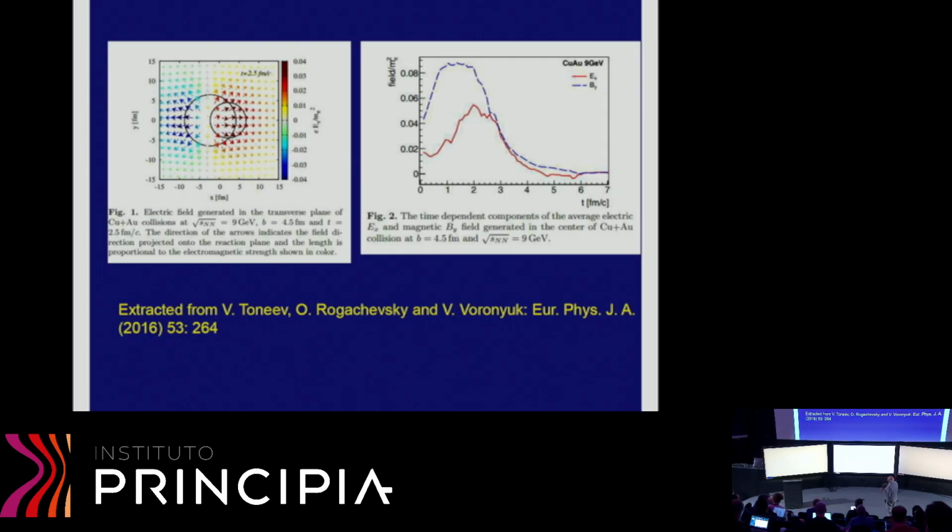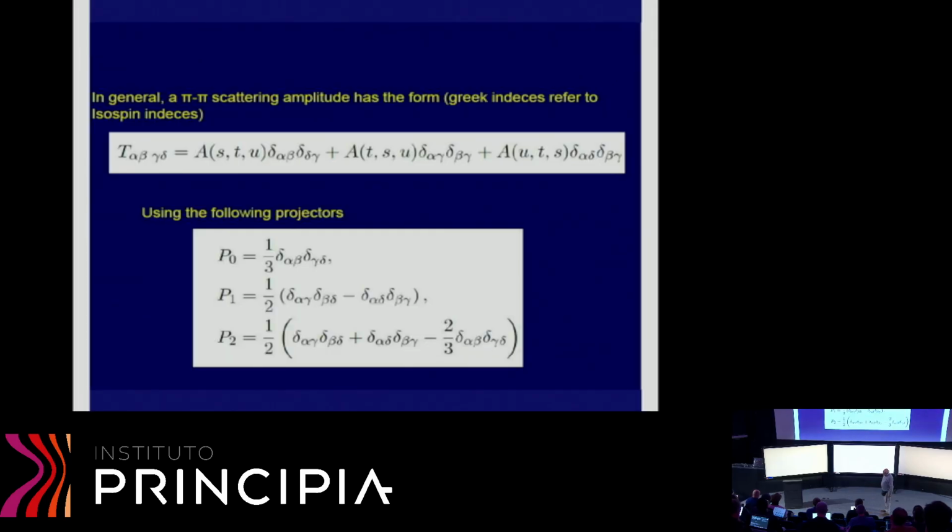The magnetic field is perpendicular, copper, gold. And this is the evolution in time of the magnetic field and the electric field that appear. So the electric field is important. It's not negligible, and it appears in collisions of different types of nuclei. Okay, now let us go into our job.